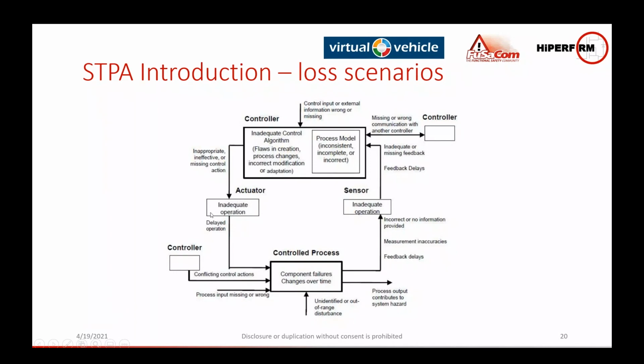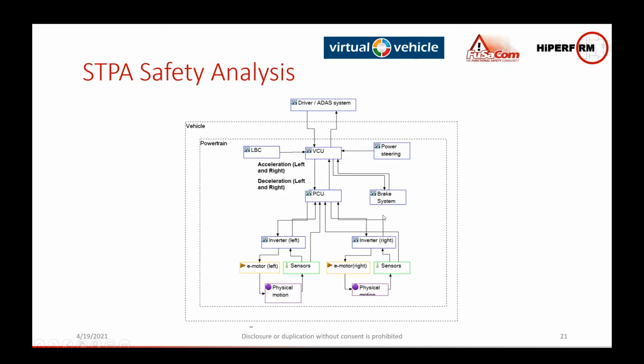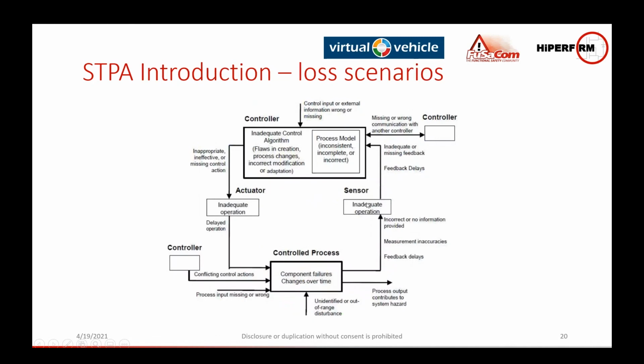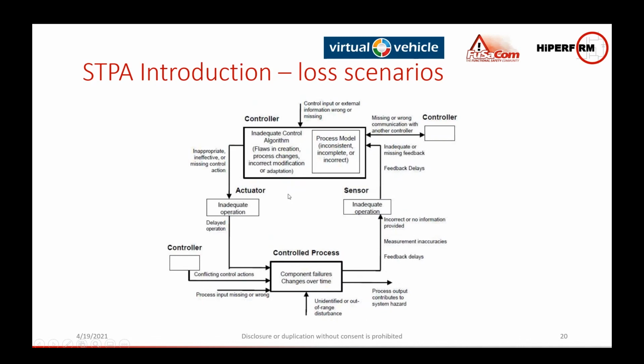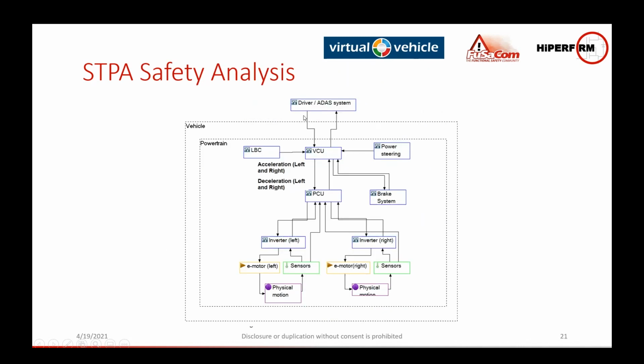So different, let's say, unsafe scenarios that you have to deal with and take into account. And you will see how we translate that and adapt it to our architecture. But at the end, it creates this structure of a controller, actuator, a control process, and the feedback. That's actually what is described here in our architecture.